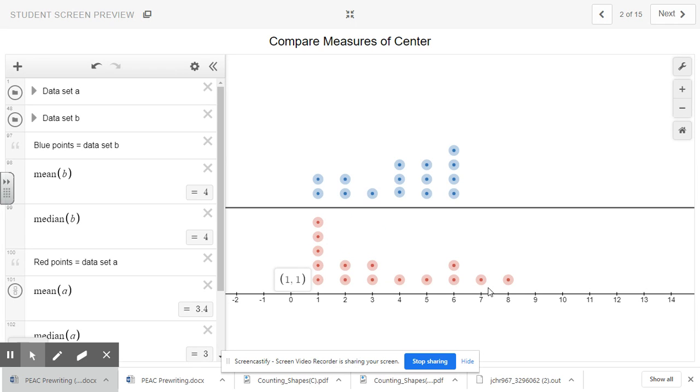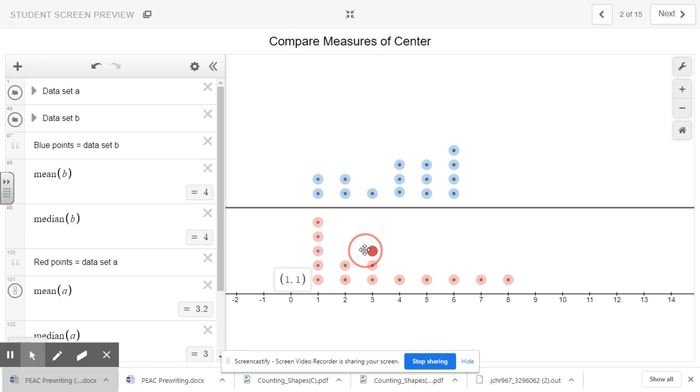So in this case, the mean is higher than the median because it's skewed to the right. It's skewed to the right, so there's more data on the left. Because it's skewed to the right, there's more data on the left, which means the mean will eventually, maybe not right away, be more than the median, right?